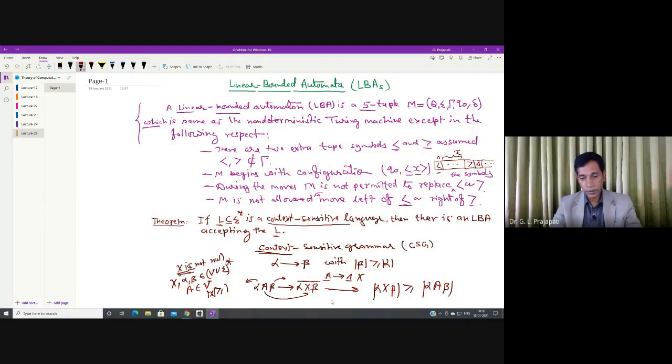With this discussion we know that once you go for generation of some strings with the help of a context sensitive grammar, the working length will not be more than the length of the given string.